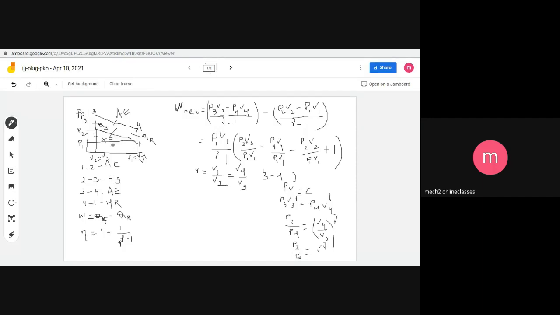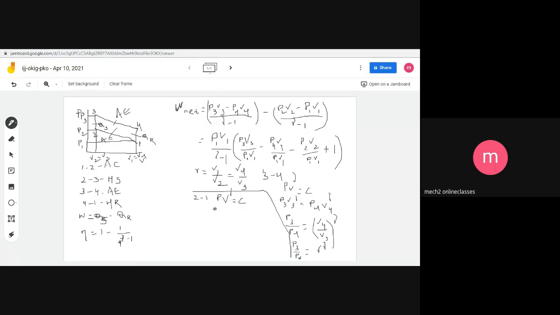Next, I'm taking process 2 to 1. Same, PV to the power gamma is equal to constant. So how can I write this?